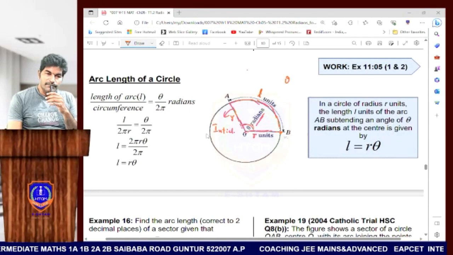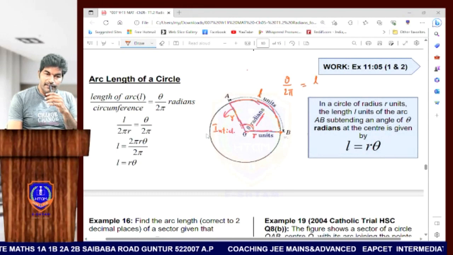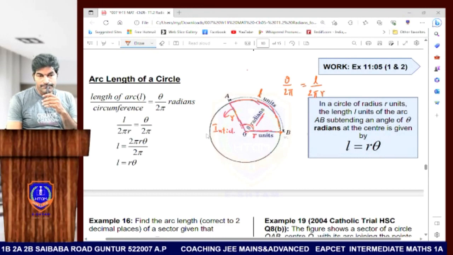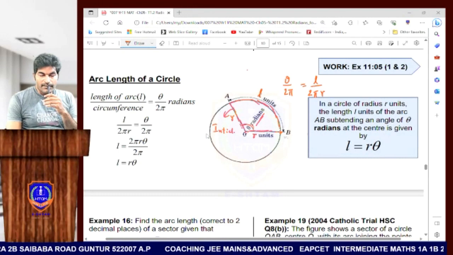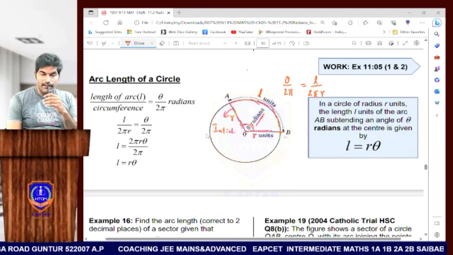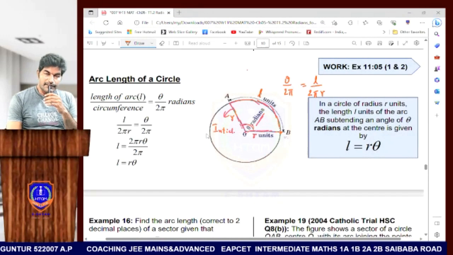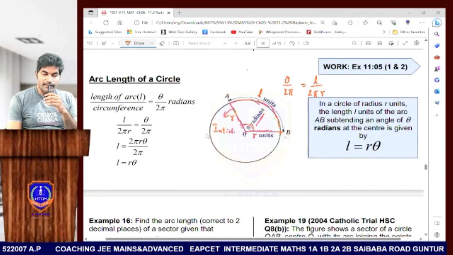This theta is a part of the entire 2 pi, and this L is a part of the entire circumference 2 pi r. Understood? That's why the ratio will be the same. So theta by 2 pi equal to L by 2 pi r.